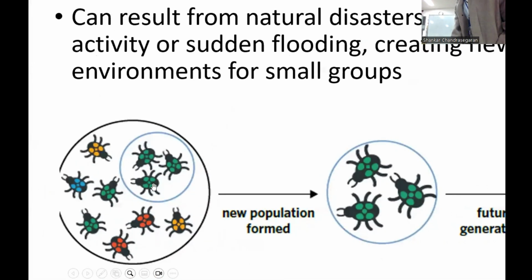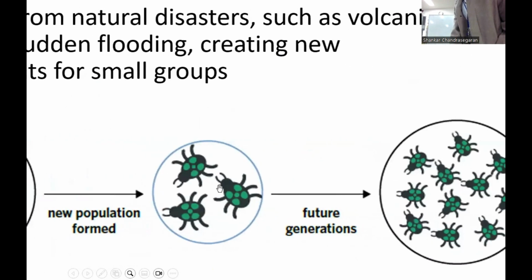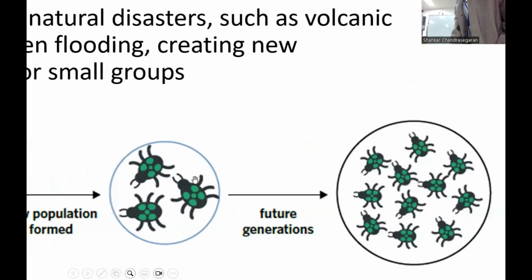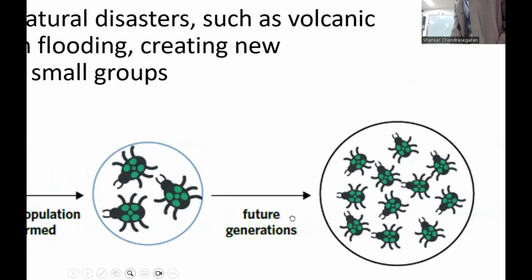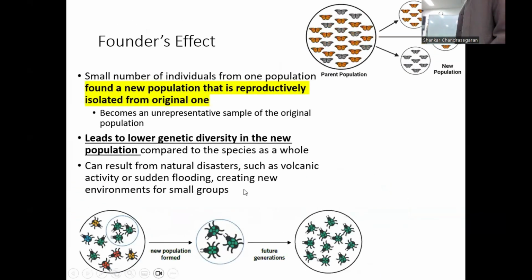Due to the fact that these 3 beetles separated from that population and formed a new population, every time they breed to create a new generation, they'll ensure that it becomes a very homozygous population with the same alleles. It won't have a high amount of genetic diversity as a result. So this also leads to a lower amount of genetic diversity in the new population compared to the species as a whole.